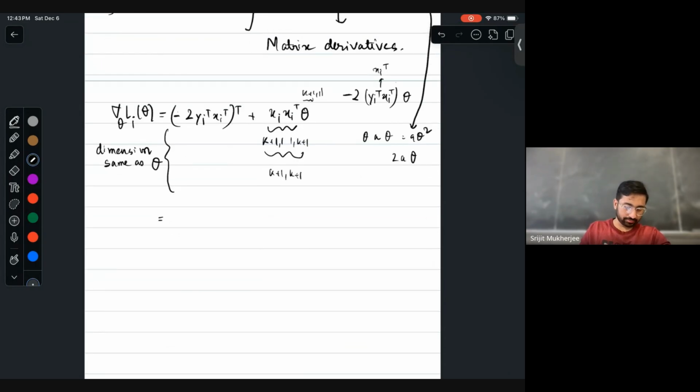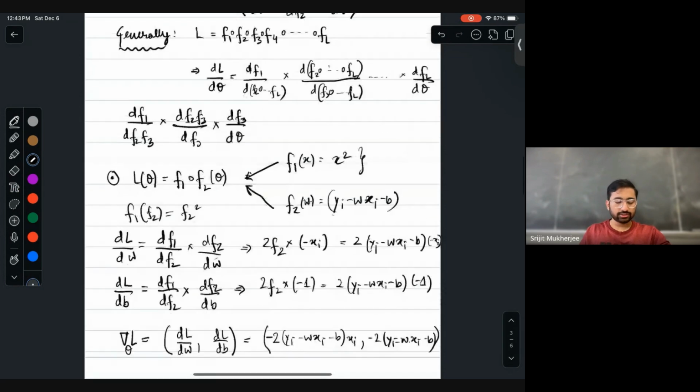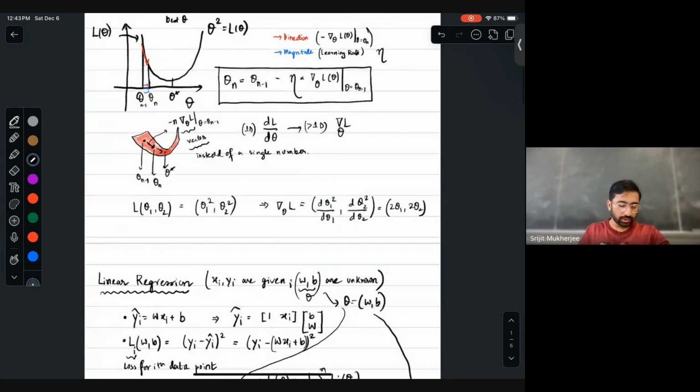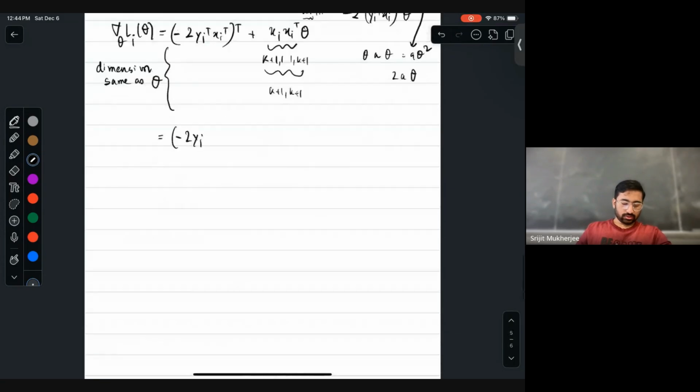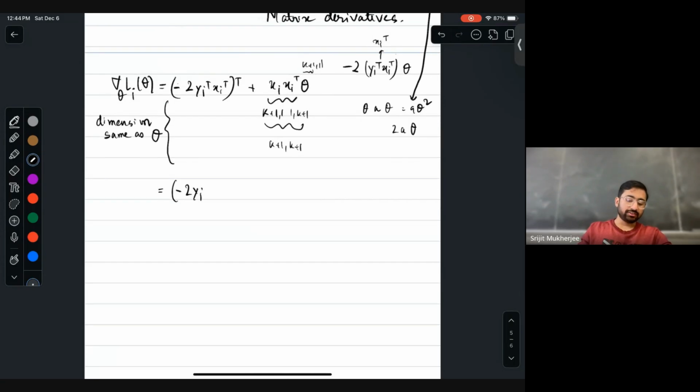So we get minus of 2 yi, because understand that if its dimension is not the same as theta, you cannot do this step, because you are moving in the theta dimension. You're doing theta minus this del, so both of them should have the same dimension. It cannot be like 2 comma 1 and 1 comma 2 subtracted. You cannot do that. So that's why it's very important. There will be a few homeworks actually based on that.